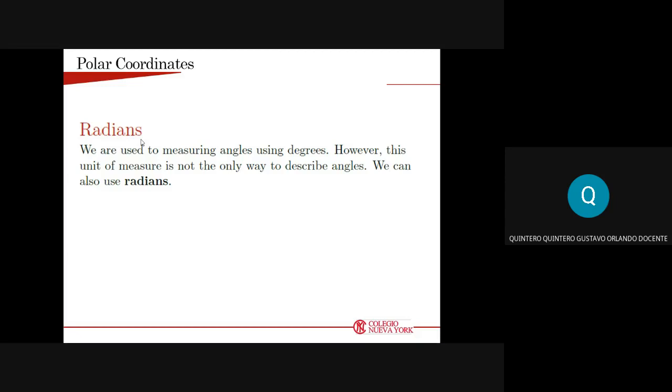So for example, do you know how in mathematics things can be measured in centimeters, right? But maybe things can also be measured in meters or in kilometers, right? All of those are different measurements for the same measure.